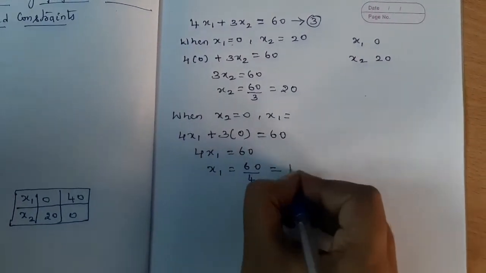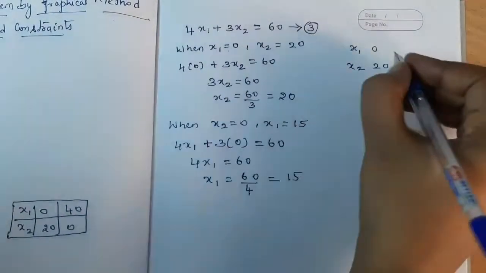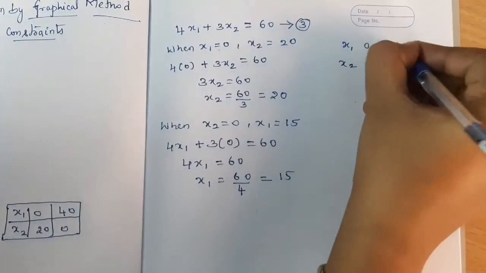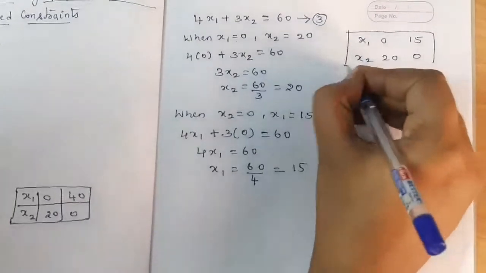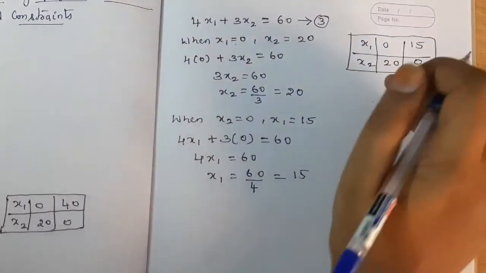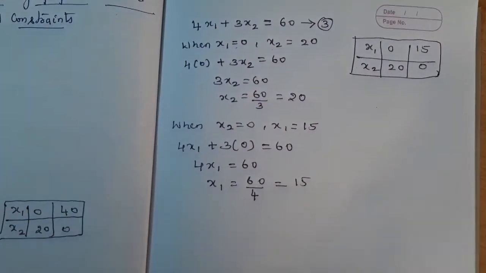So we get 15 as x1 value. So when x2 is 0, we got x1 15. So assign the values in table which we have got for x1 and x2 using third constraint.